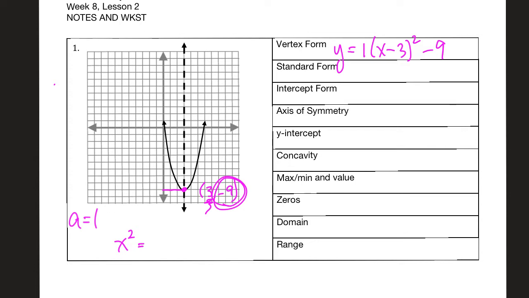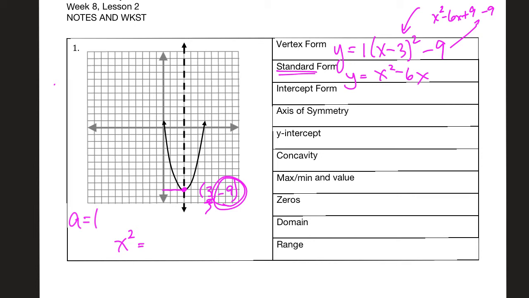I don't have a better way to say that, and I apologize. Standard form I can get by actually foiling this. Foiling that, we get x squared minus 6x plus 9. Don't forget to bring this up, minus 9. So simplifying that, we get x squared minus 6x.